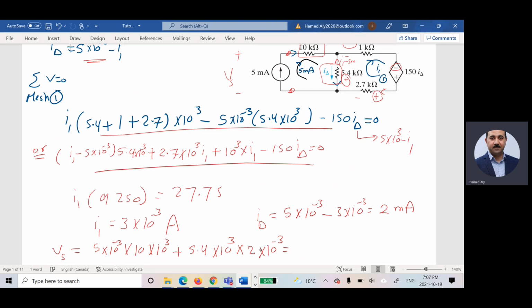If you try to calculate this, it will be equal to 60.8 volts.